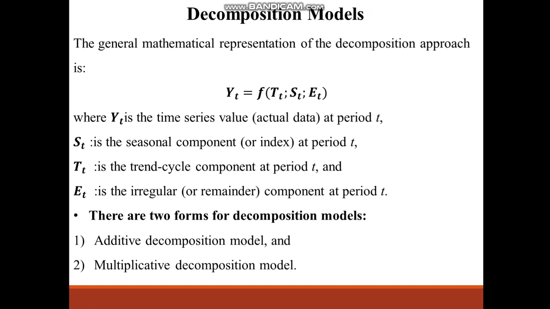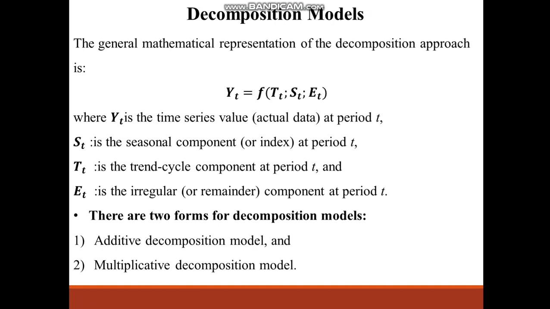The general mathematical representation of the decomposition approach is yt is a function of Tt, St, and Et, where yt is the time series value, which is the actual value, at period t, or at a single given time.